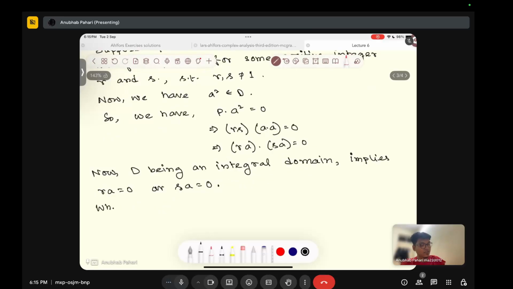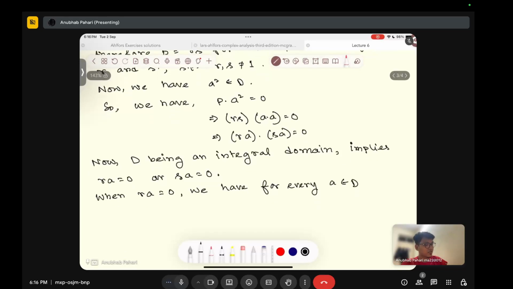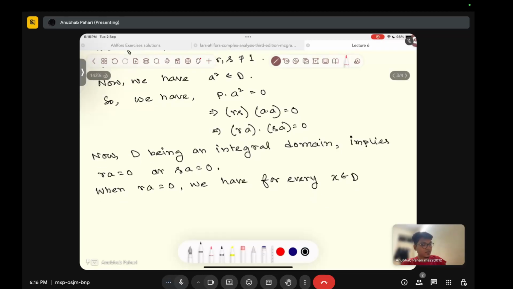When RA equals to 0, we have for every A belongs to D, we have for every X belongs to D, RA of AX equals to 0.